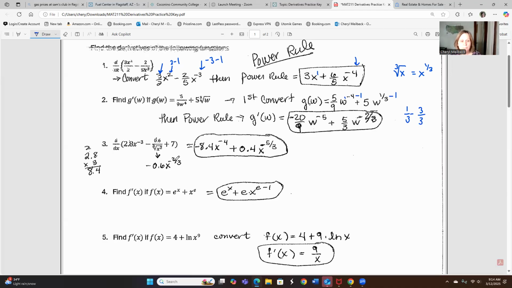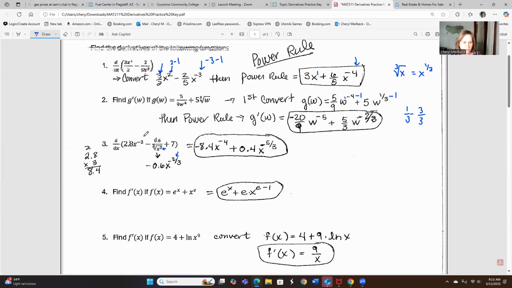Now, the reason it's x to the negative 2/3 is because it's being raised to the second power, so that number goes in our numerator. The index on the root is 3, so that goes in our denominator, just like it did here. And it's negative, of course, because it was in the denominator.